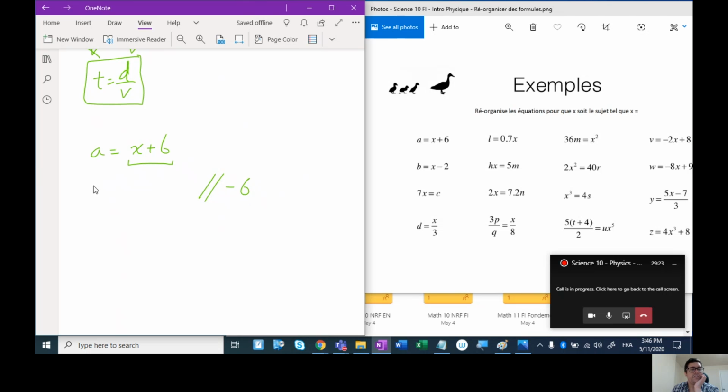What you do on one side, you do on the other. So A minus 6 is equal to x plus 6 minus 6. What I did on one side, I'm doing on both sides, here and here. This is technically what's happening.